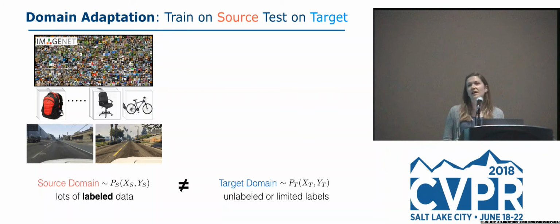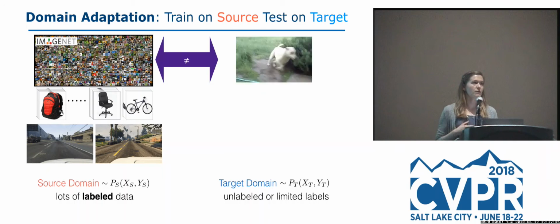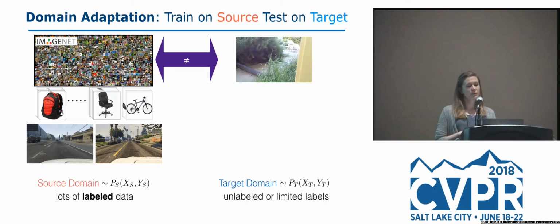In all of these cases, the key is that we have access to a lot of labels and can train a strong supervised learning model. But at test time, we want to recognize things in a different domain. In other words, a different collection of images that's drawn from a different distribution. It could be going from still images to a video database.